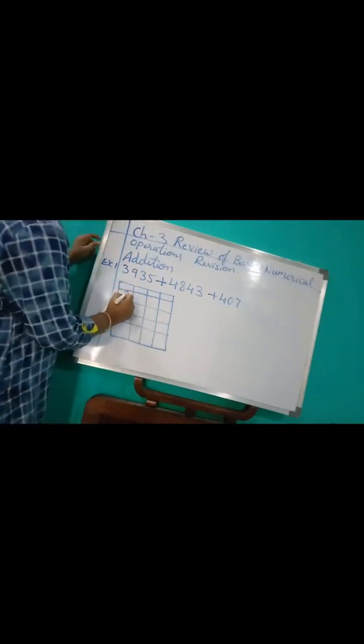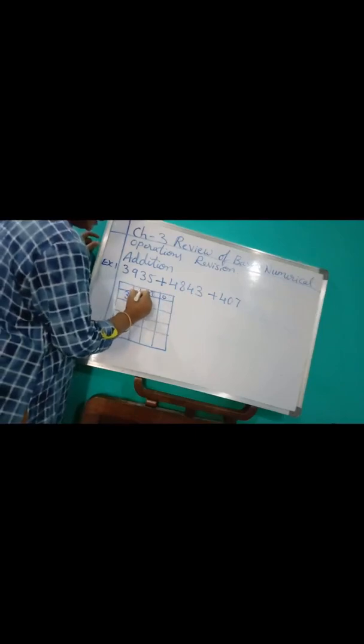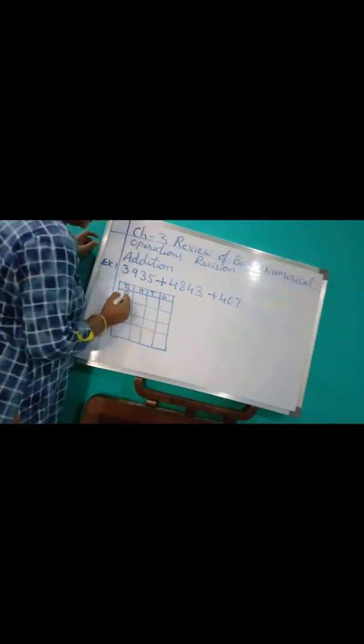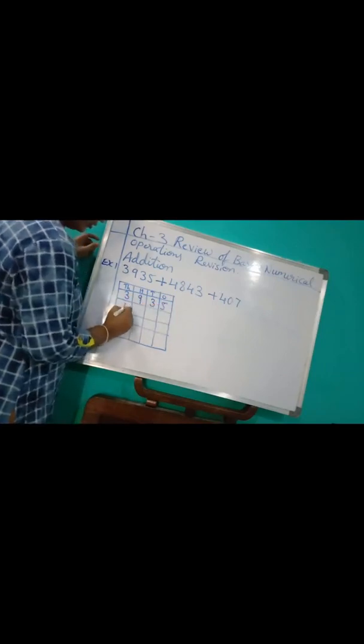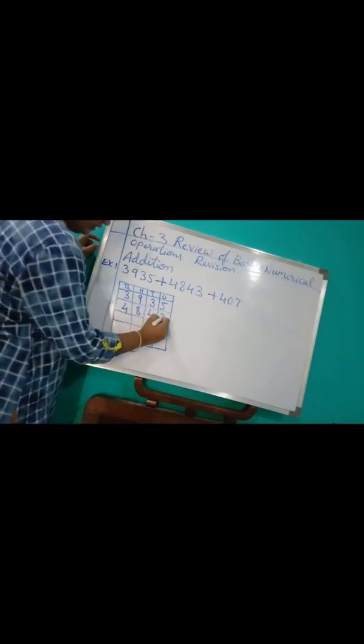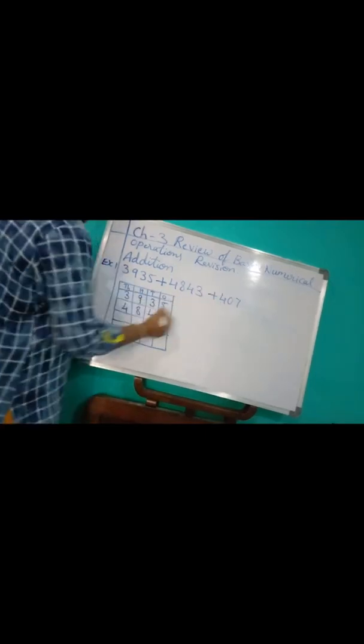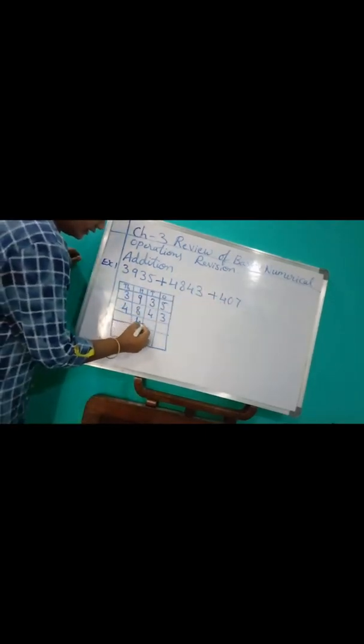Ones, tens, hundreds, thousands. 3935, 4843, 407 in the hundreds place.